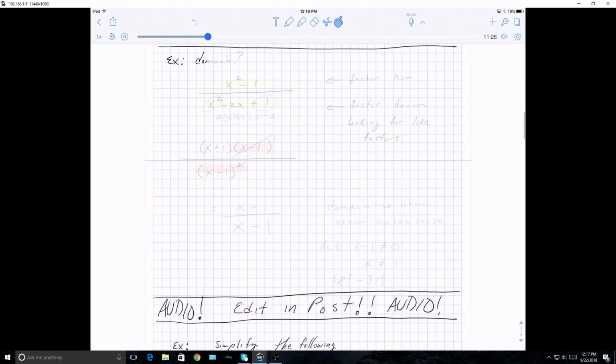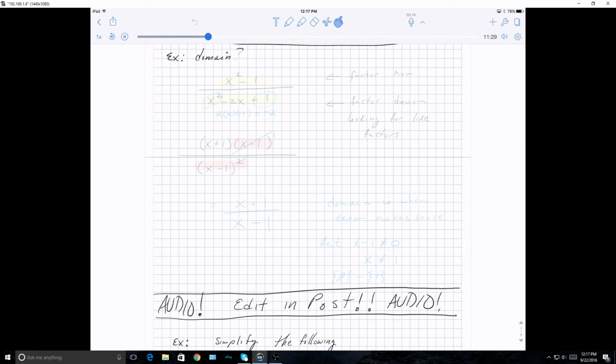So if we take another example of finding the domain, let's try something a little more interesting. Let's try x squared minus 1 all divided by x squared minus 2x plus 1.